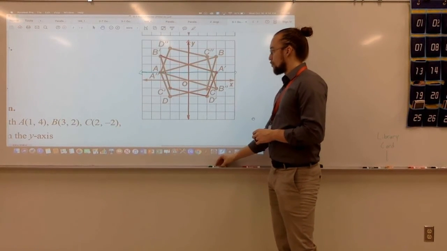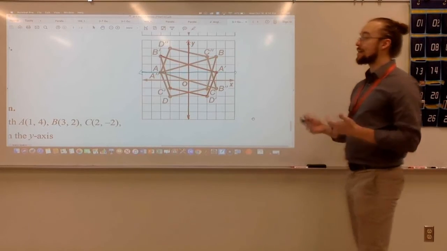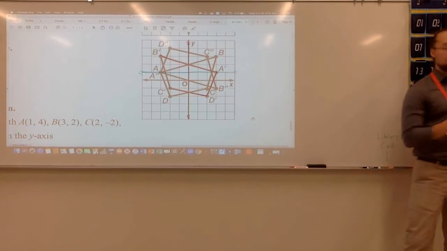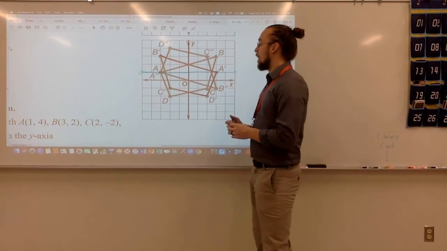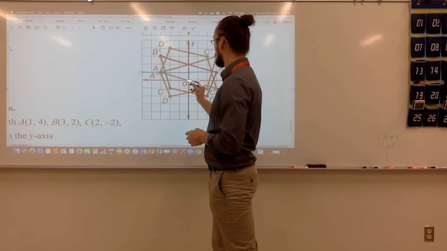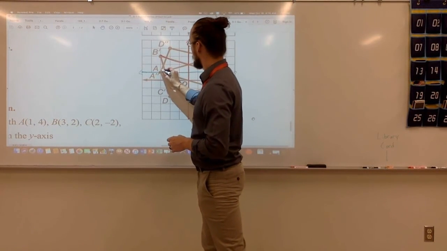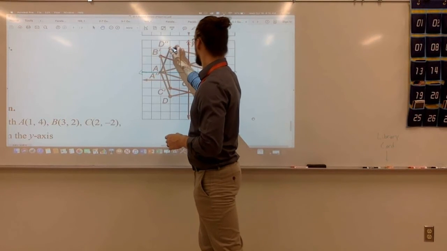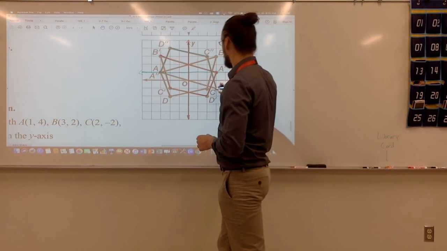So I think the red one here would have been the reflection across x equals 0. Right? X equals 0 is just the y-axis. And then all of the double primes here would be our reflection across y equals 1. So that's the green one here.